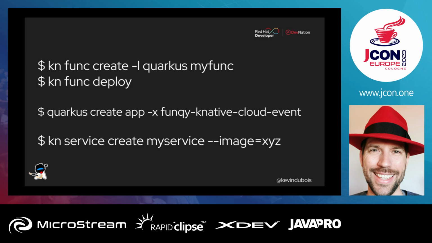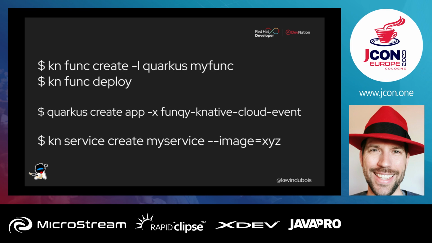You can create a function that supports Knative as well with Quarkus, so you can just do quarkus create app, and then instead of using the funky Amazon blah blah blah, you can use funky Knative cloud event or funky HTTP.